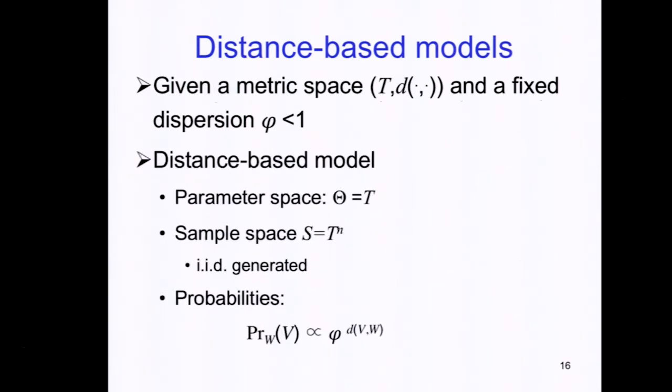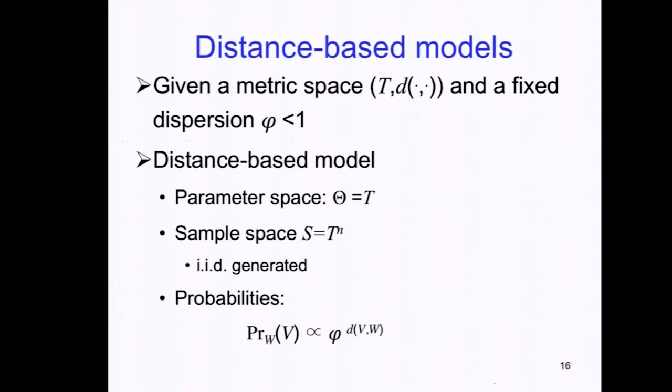The parameter space is T. The sample space is T raised to the n, because we have 1 vote from each voter choosing from T independently and identically. And the probability, given the ground truth W, of generating V is proportional to phi raised to the distance. So the closer V is to W, the higher the probability you're going to generate it.